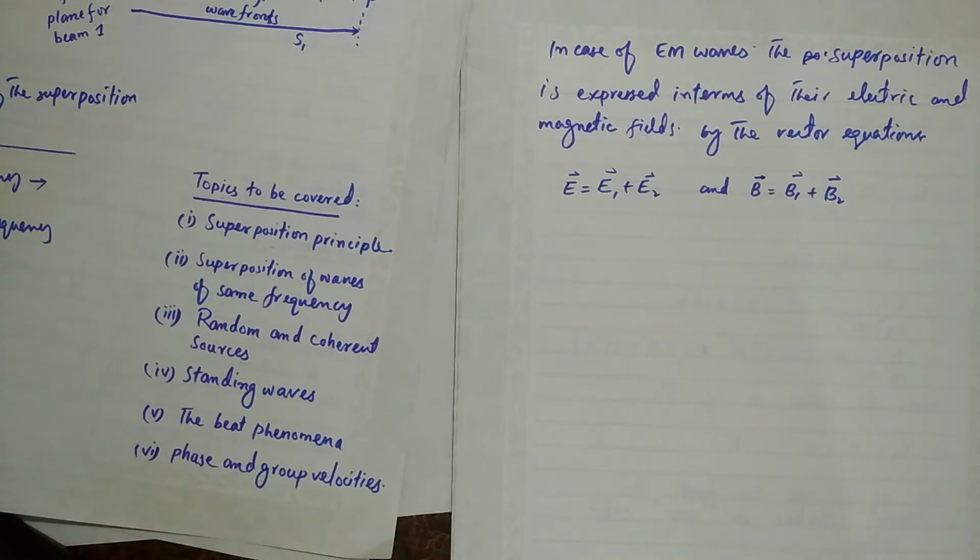The possibility of producing high energy densities using laser light has facilitated the study and use of such effects, which is making a new branch of optics, called nonlinear optics.